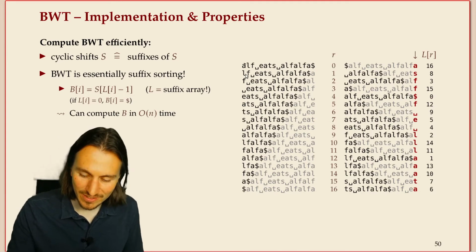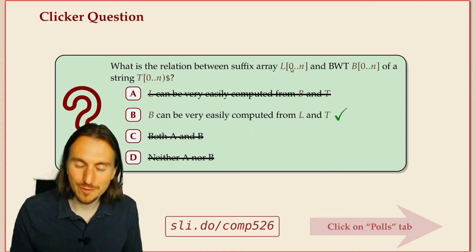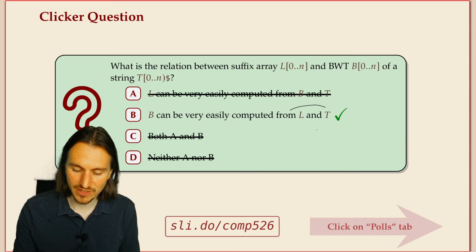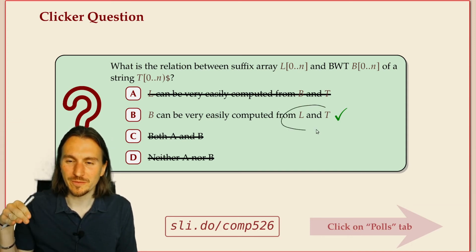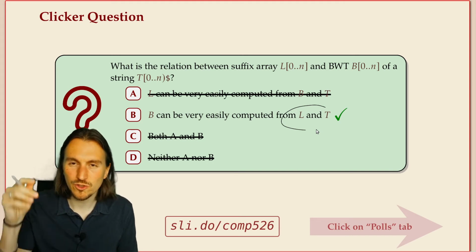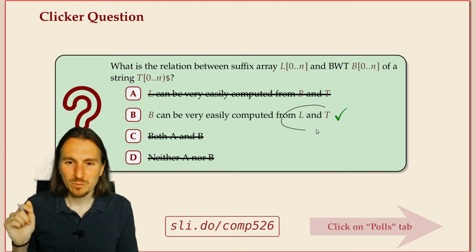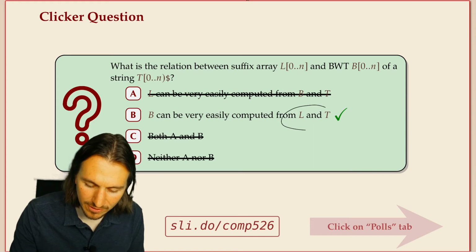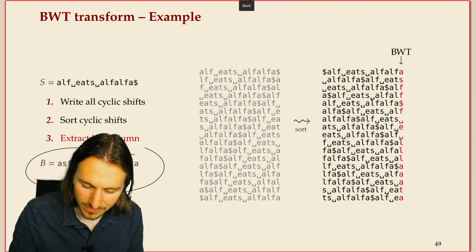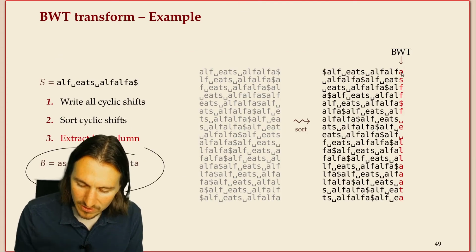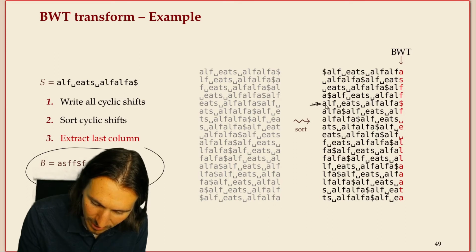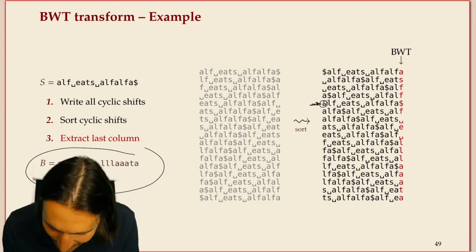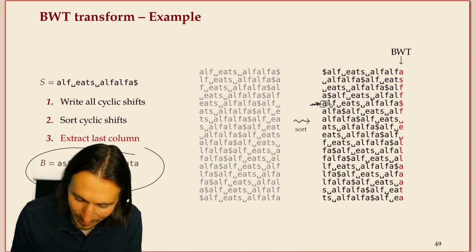And that, of course, means if you have the suffix array and the text, then you know the sorted order. The only thing you need then is to jump to this last column, but that's always the character that precedes this index. So for example, here, if we know that this is the starting position, this A is actually the first character in the text.